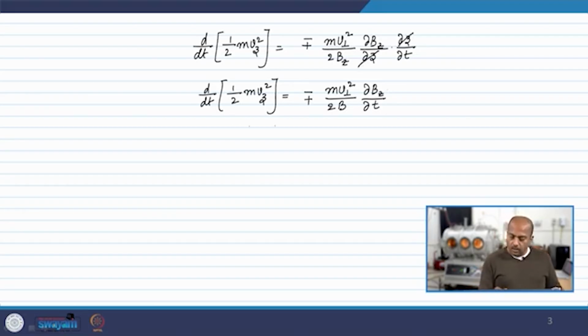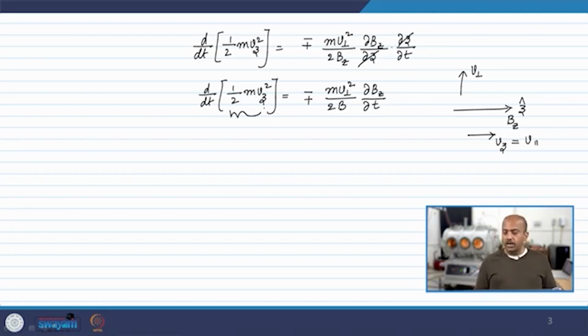Right. Now the direction along which the magnetic field is defined is this one. This is Vz. So this direction is V perpendicular and this direction is Vz, which is nothing but V parallel. So this part of the kinetic energy is the parallel kinetic energy.